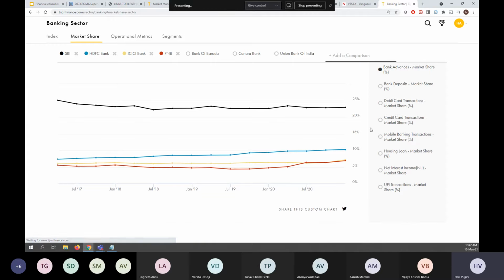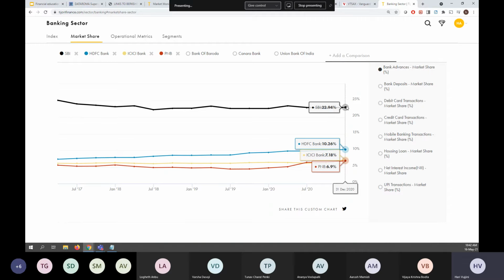Out of 100 people, 22.94 people, or 23 people, are using SBI as a bank. So this is the market share. This is how many people the bank is serving, same as with cars. How many people are buying Tesla versus how many people are buying Maruti Suzuki? The volume is much higher for Maruti Suzuki.